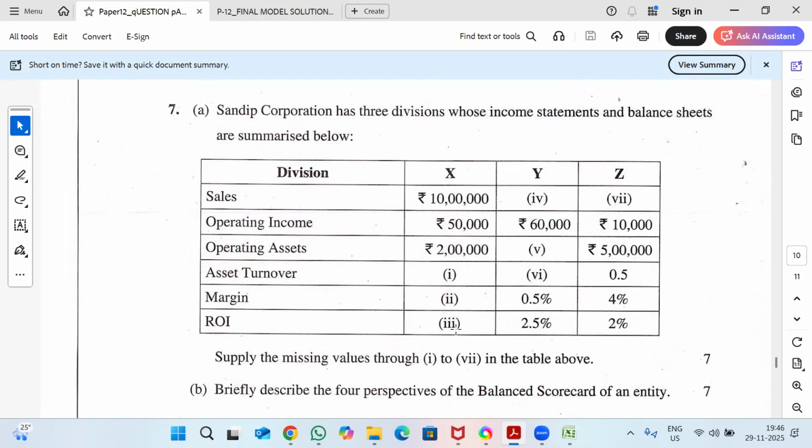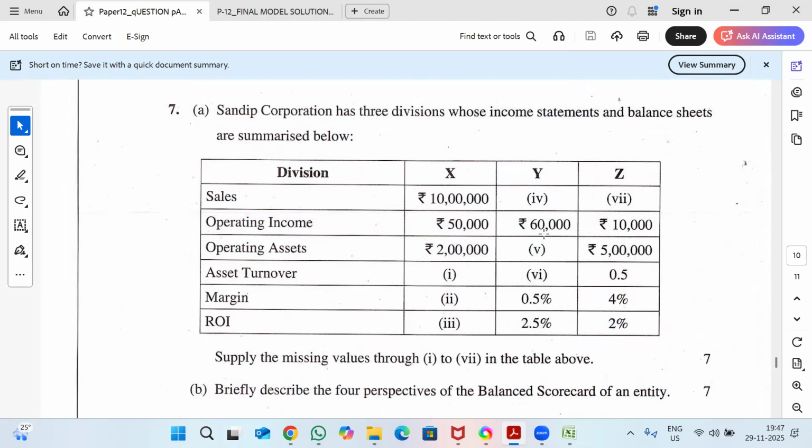Now let's move on to Y. In the case of Y, I need to calculate sales, operating assets, and asset turnover, everything. First I need to check what information is available.